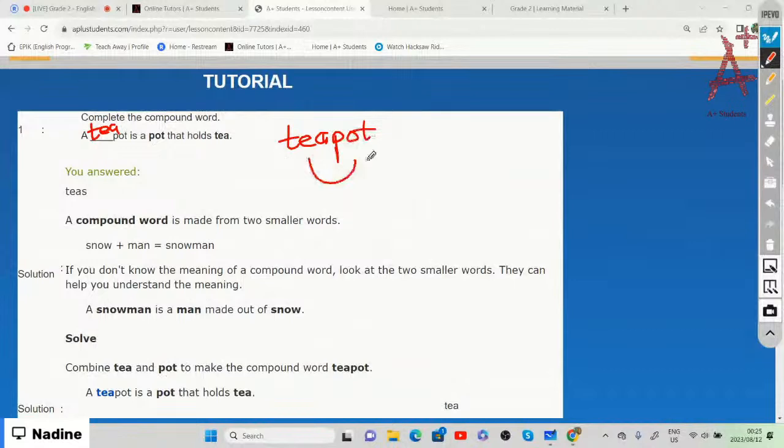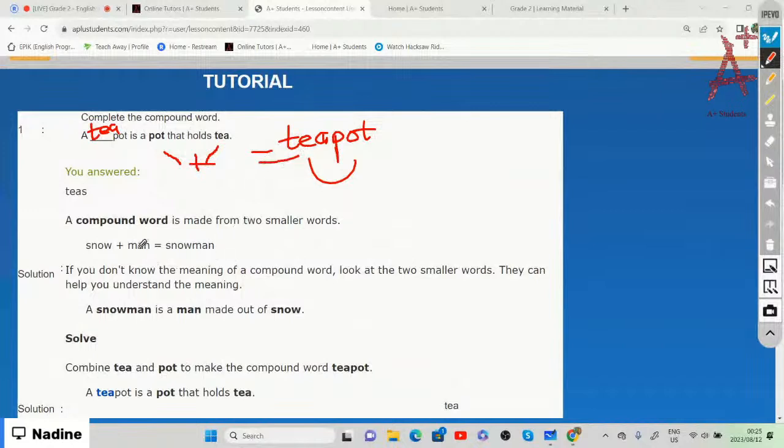That is the compound word that we formed by the clues that are given, a whole sentence that is made. A pot that holds tea, and we call that a teapot. So we basically combined these two words, which is tea plus pot, to make the compound word teapot.